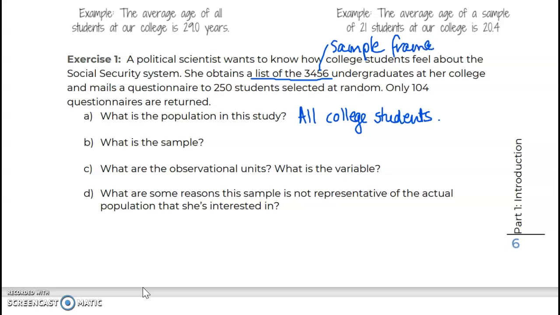Next, we have the 250 students that are selected at random, and they're mailed a questionnaire. Again, you may think that these 250 students are her sample, but really we're only collecting on the 104 students that return their questionnaires. So our sample is the 104 students who return questionnaires.